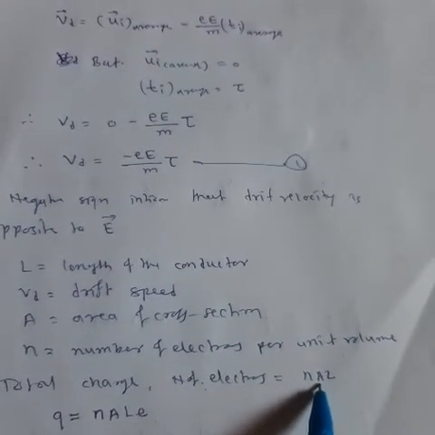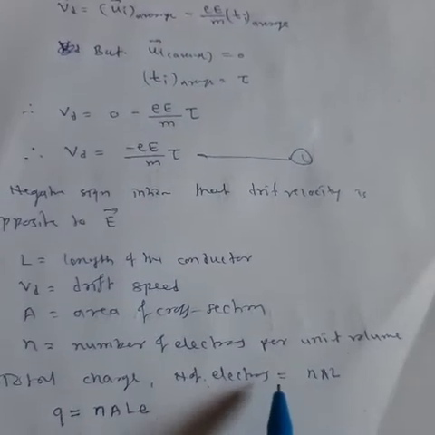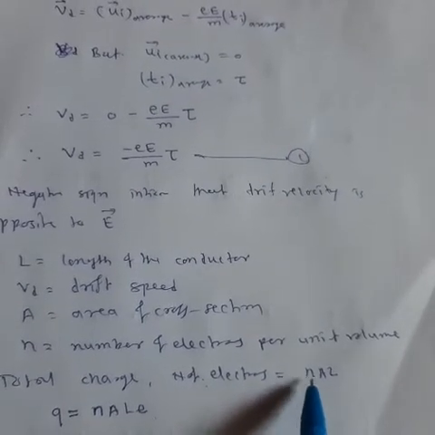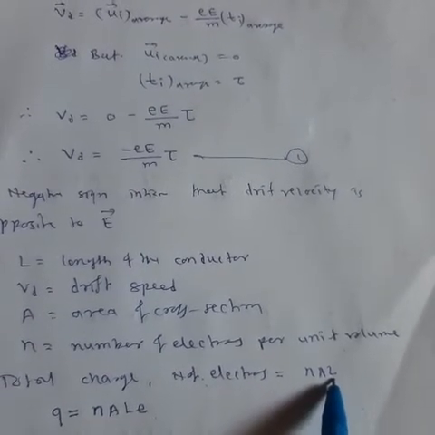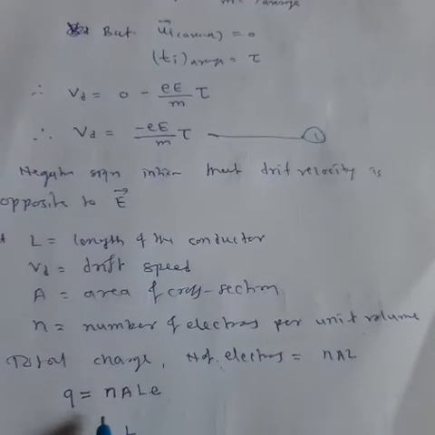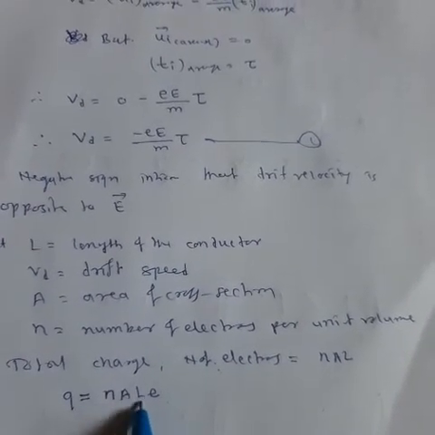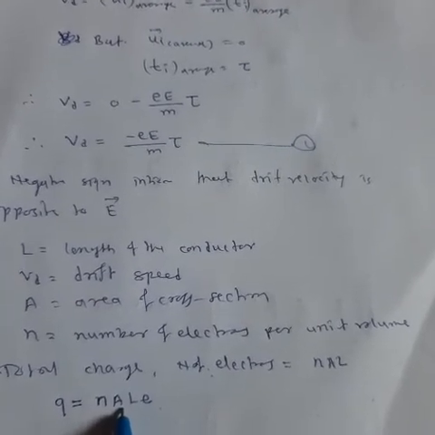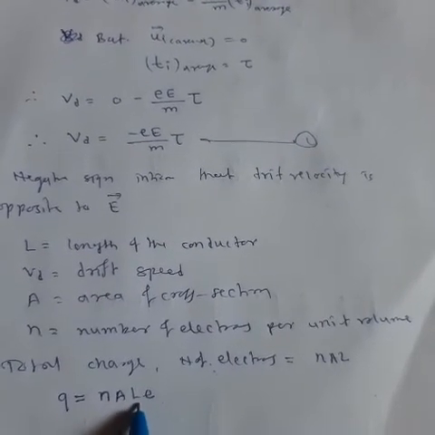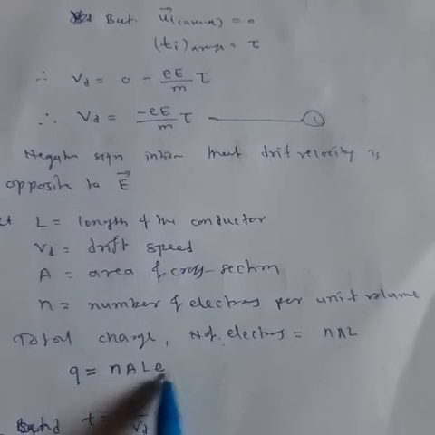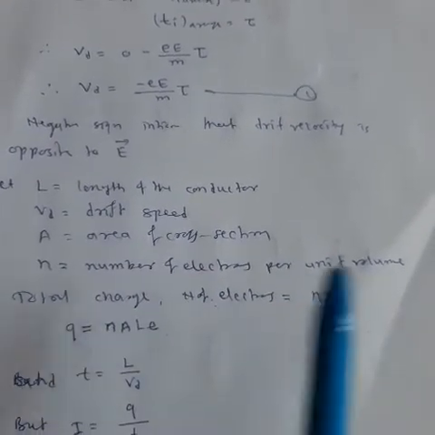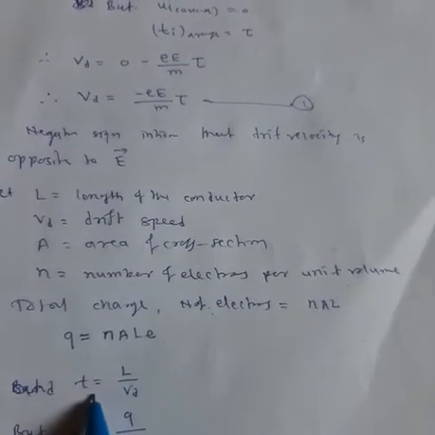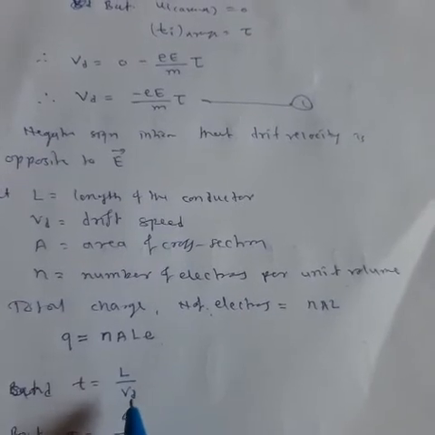A is the area of cross section, L is the length. Therefore, total charge is Q is equal to nALe, where e is the charge on the electron, and time t is given by L divided by vd.